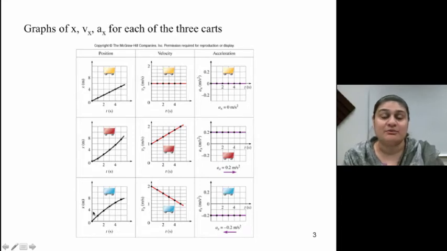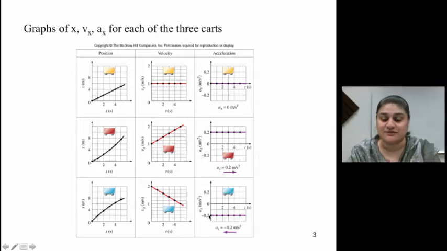For your last graph, where you were braking and your acceleration was negative, your position versus time graph will look something like this, where your velocity is decreasing and you're covering less distance as you go forward in time. Your velocity versus time graph will be negative, coming downwards, and your acceleration will be towards the negative side.